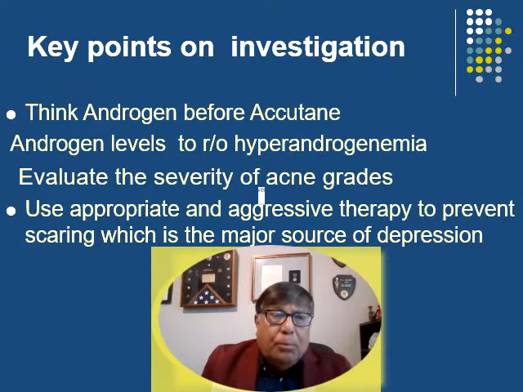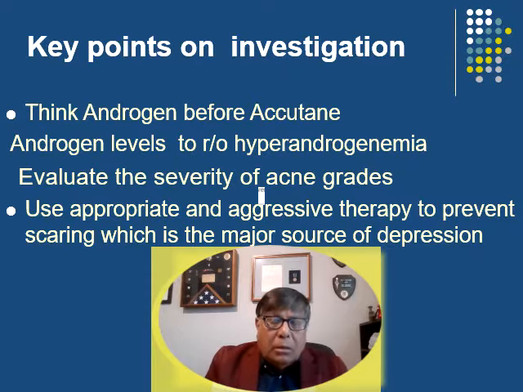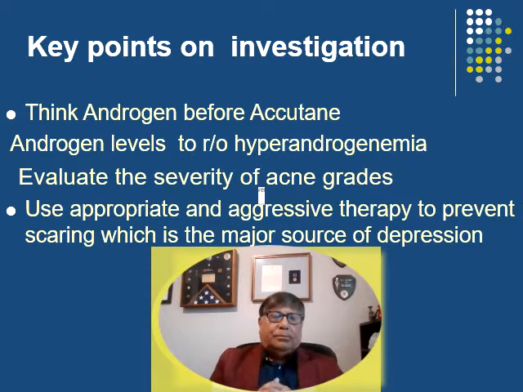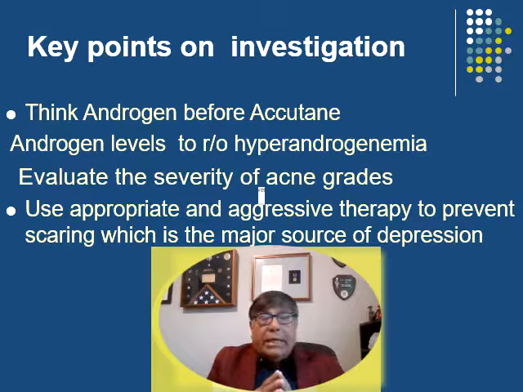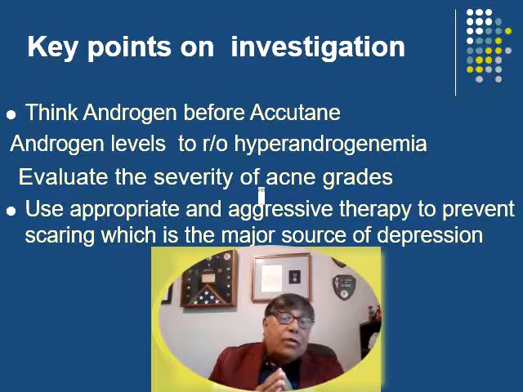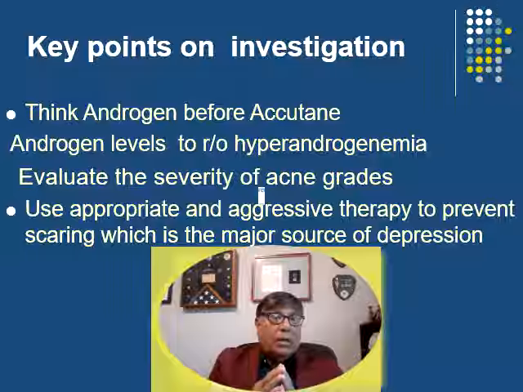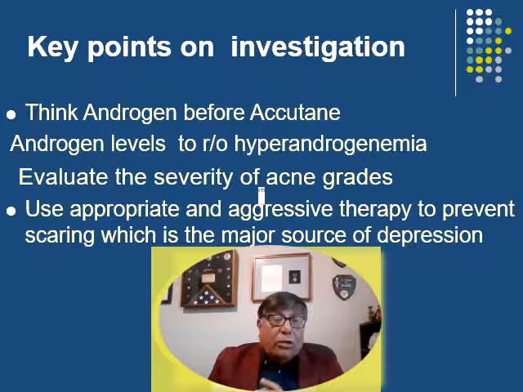So, a key point about investigation. As I have said before, when you are confronted with especially grade 3 and grade 4 acne vulgaris, even though you most likely will be right, it's a good idea to check the androgen. So think androgen before Accutane. Androgen levels are easy to test.